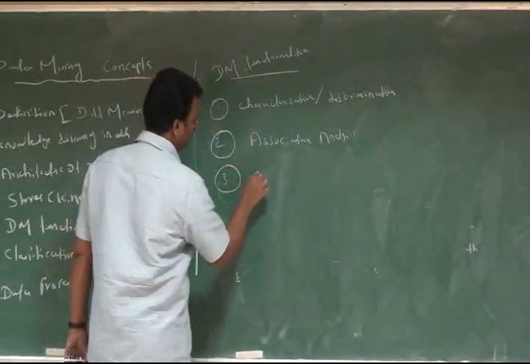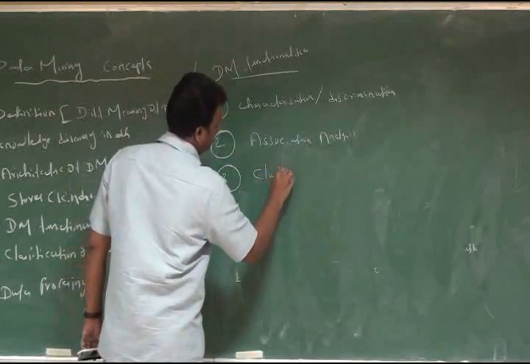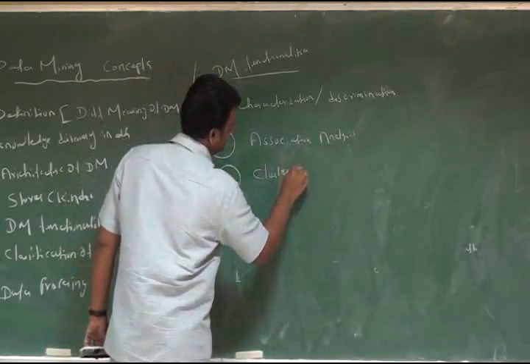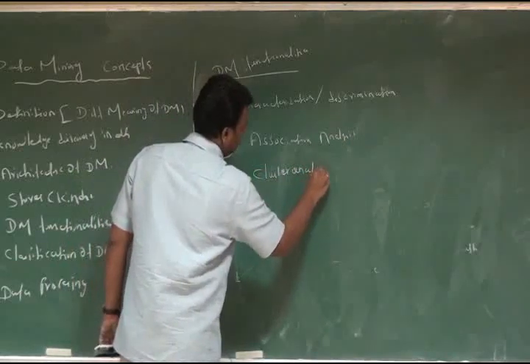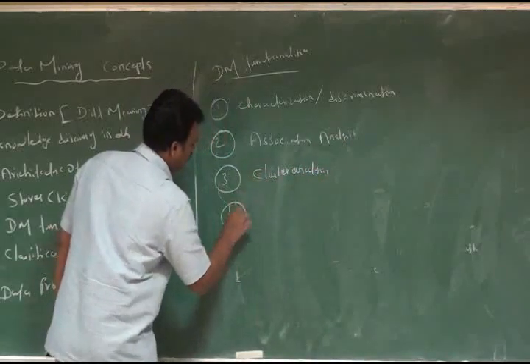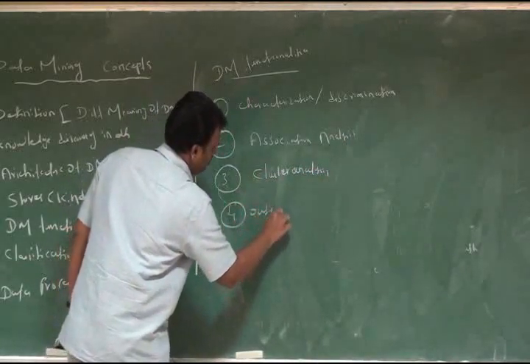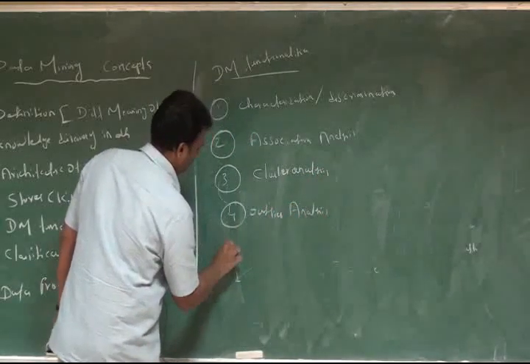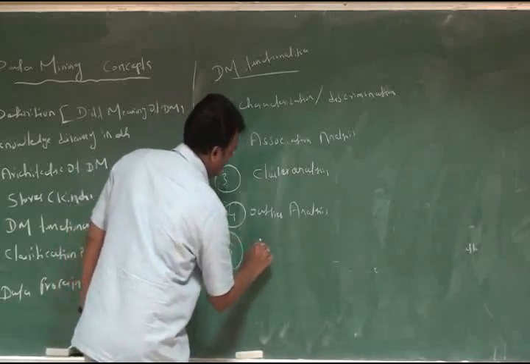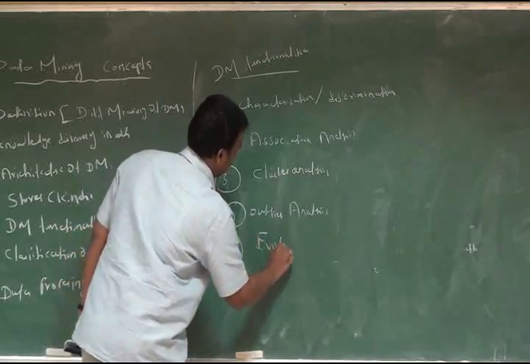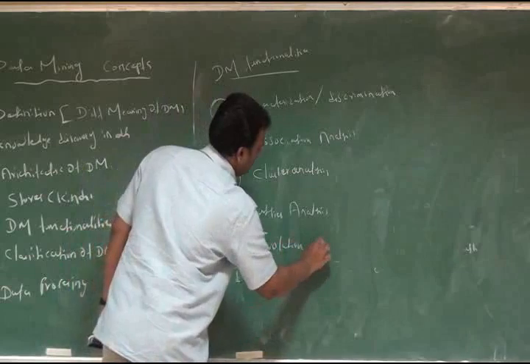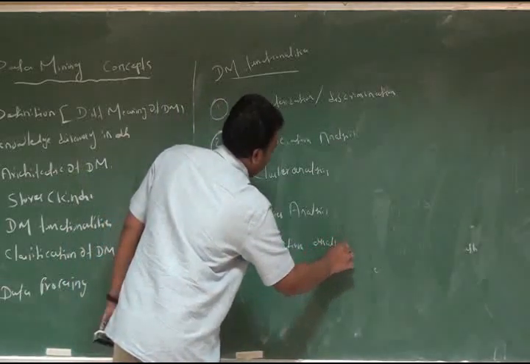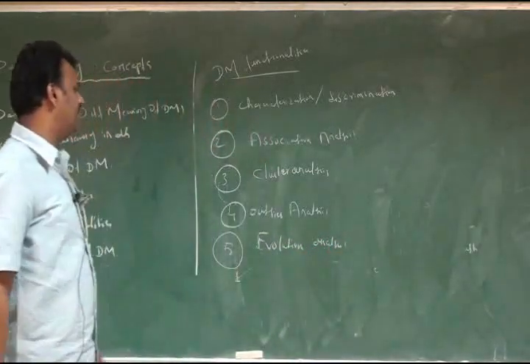The third one, cluster analysis. The fourth one, outlier analysis. The last one, evolution or deviation analysis. Okay, these are the different data mining functionalities.